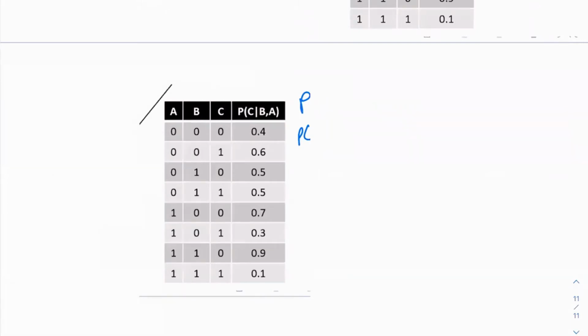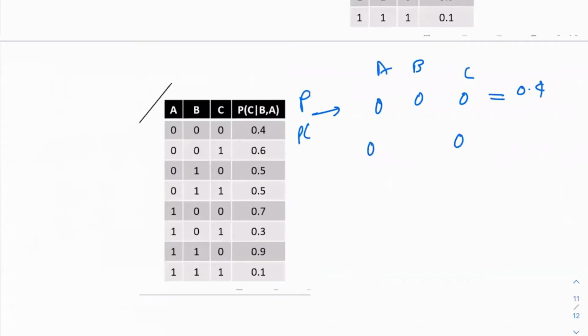Another way to say that is that A is 0, B is 0, C is 0. You get probability 0.4. This is ABC. Another way to say that is, C is 0 again. What if A is 0, B is 1?